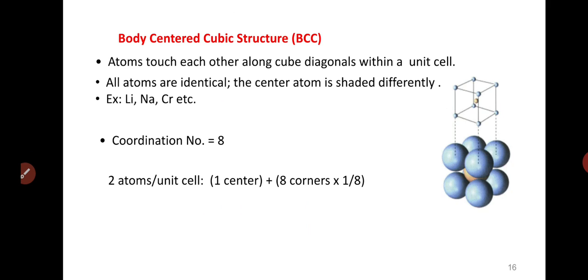In this structure, the atoms touch each other only along the cube diagonal within a unit cell.